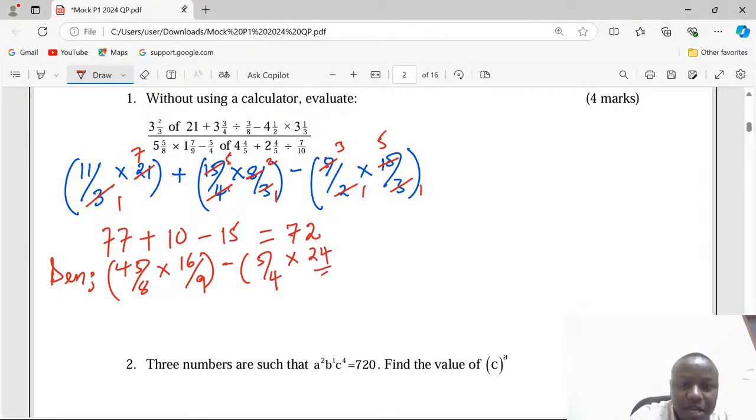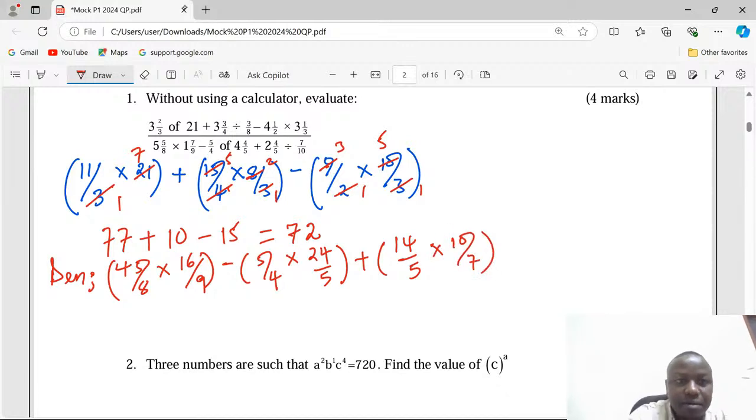Then plus, we have 2 and 4 over 5, which is 14 over 5. Then divided by 7 over 10 means multiplication by the reciprocal, so 10 over 7.